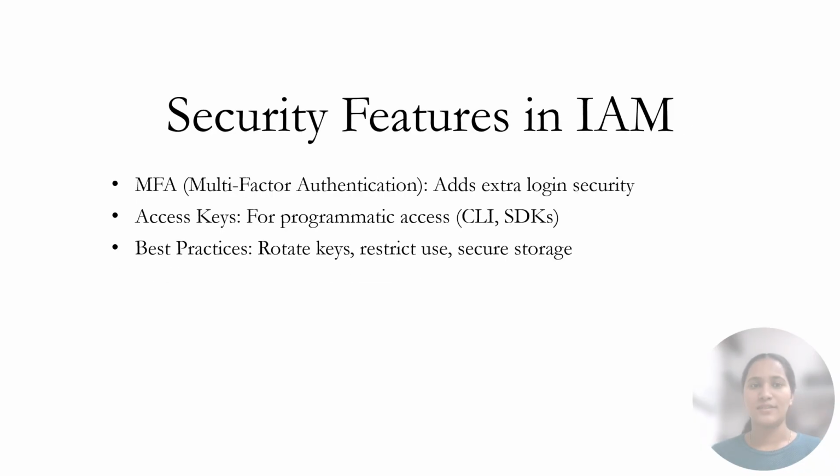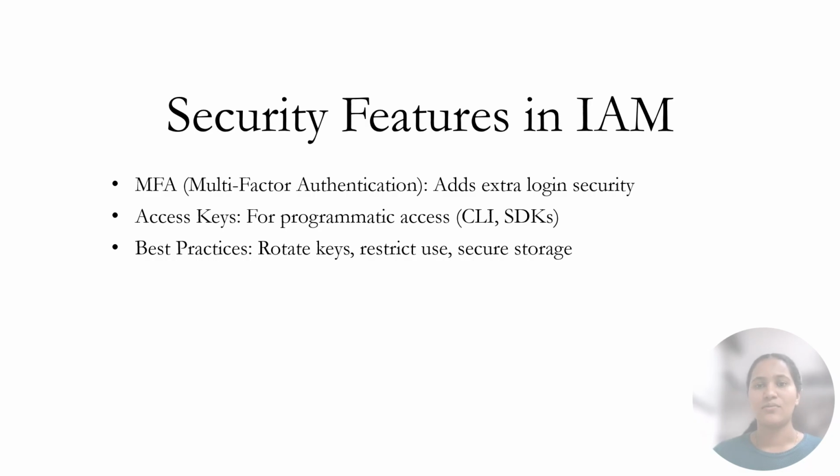Security is a big focus in IAM. That's why IAM offers features like multi-factor authentication (MFA). MFA adds an extra layer of protection by requiring a second form of verification, like a one-time code (OTP) from a mobile app, making it harder for unauthorized users to access your environment.